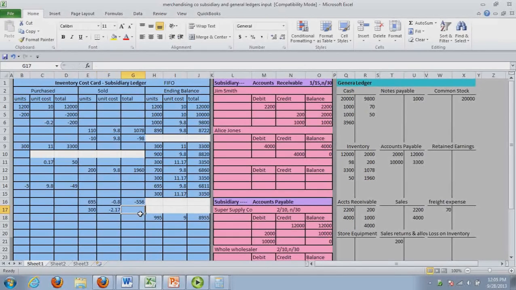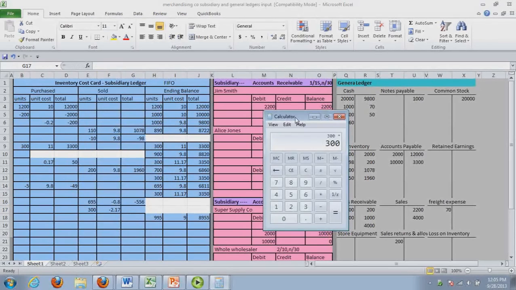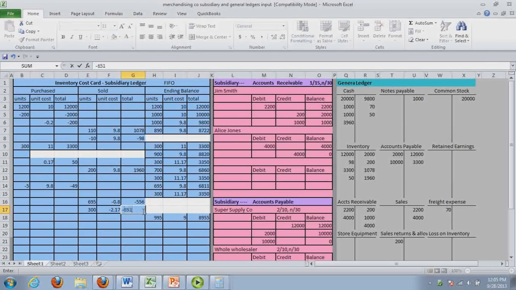So if you take 300 units times 217, I get 651 minus 651. Okay, so we're adjusting both of those, and I think it's $1 off, but we're just going to go ahead and leave it. The end result should be 995 times $9. Okay, so 89.55.